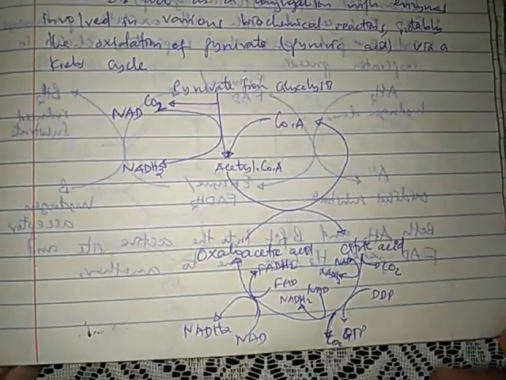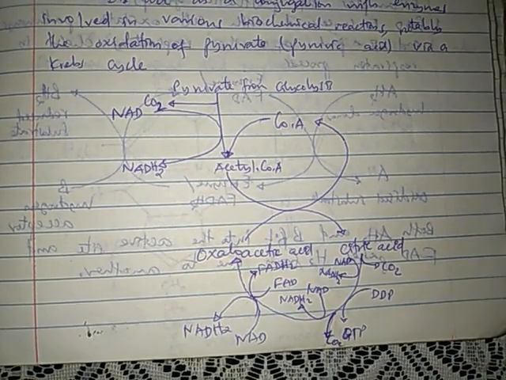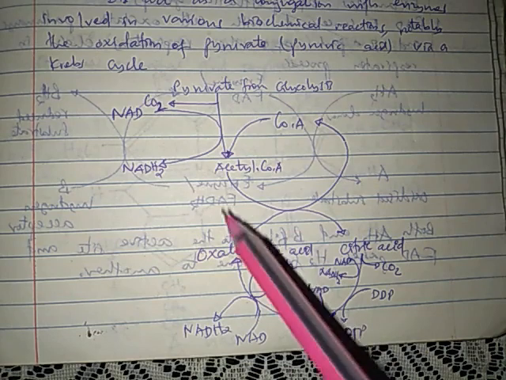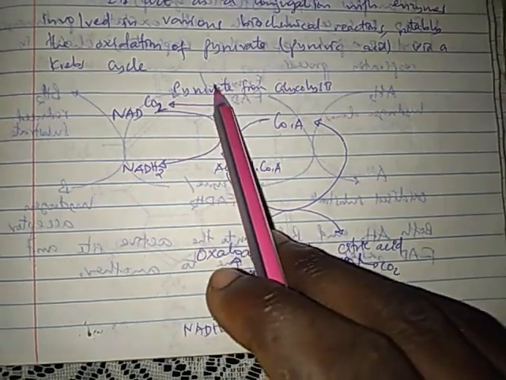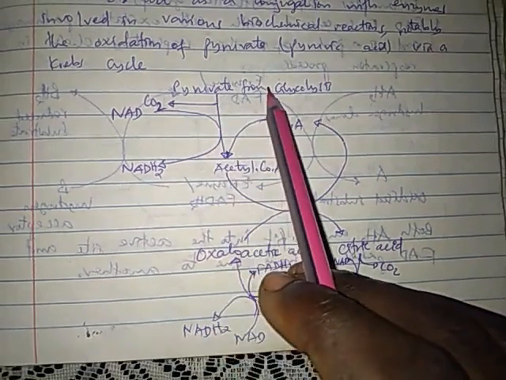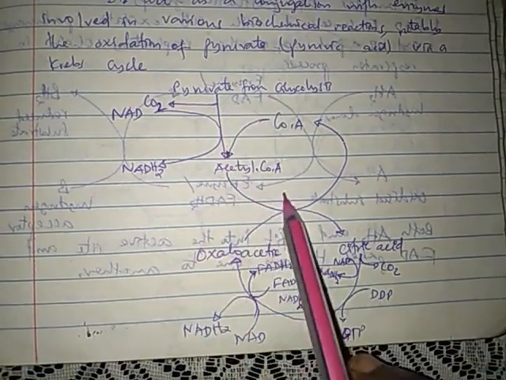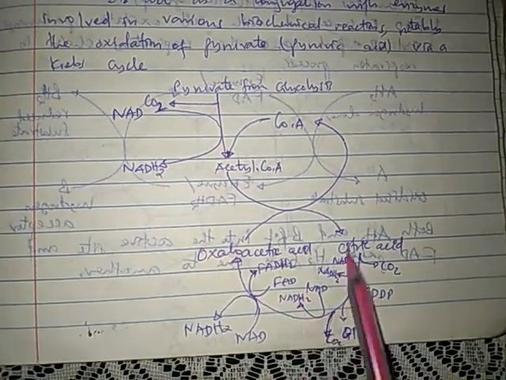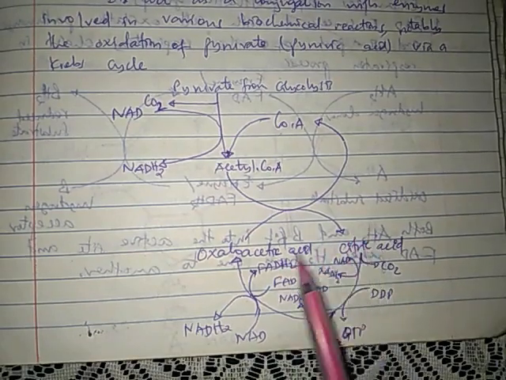So as you can see in this diagram, sometimes you cannot understand this diagram if you have not studied the topic of respiration, but we shall see later. Pyruvate is the end product of glycolysis. Now pyruvate from glycolysis wants to enter the Krebs cycle, which is this series of reactions.